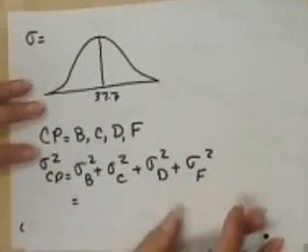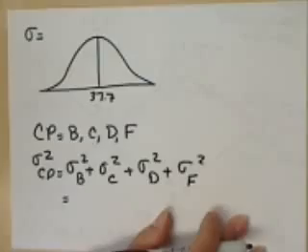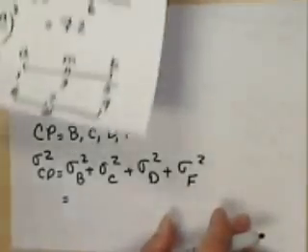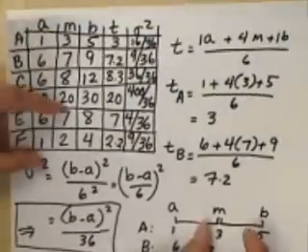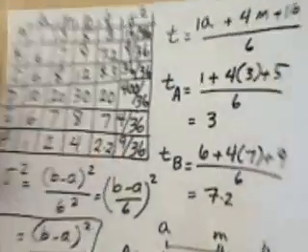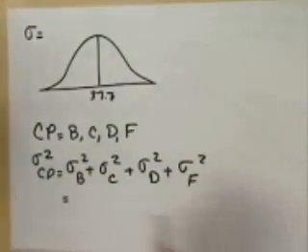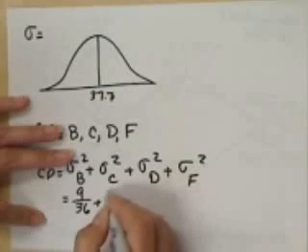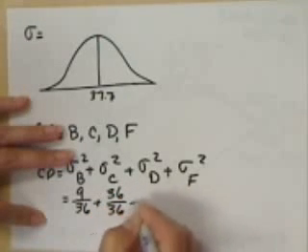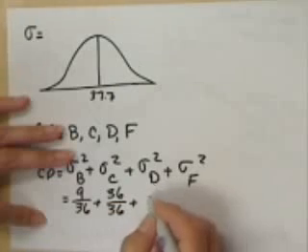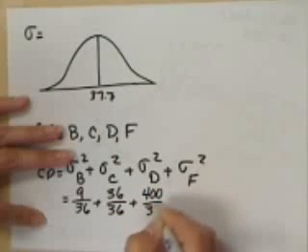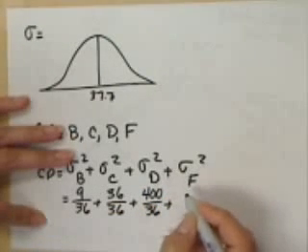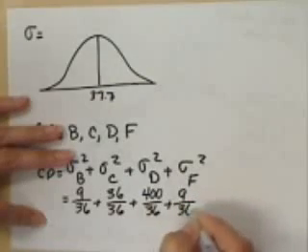Sigma squared for these activities, remember we recorded them. B was 9 over 36, C 36 over 36, D was 400 over 36, and F was 9 over 36.